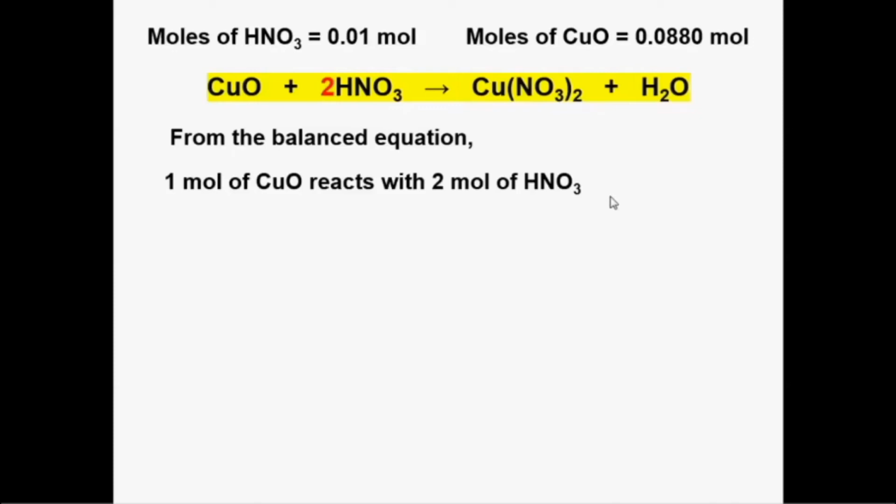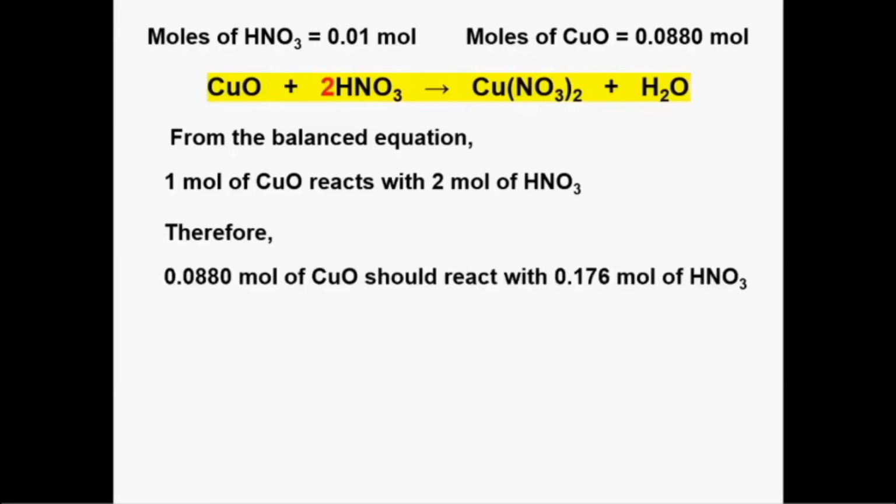And we don't have 1 mole of copper 2 oxide. So how many moles of copper 2 oxide do we use in this reaction? Yes, guys, 0.088 moles of copper 2 oxide. So if we are just using 0.088 moles of copper 2 oxide, this copper 2 oxide should react with 0.176 moles of nitric acid.